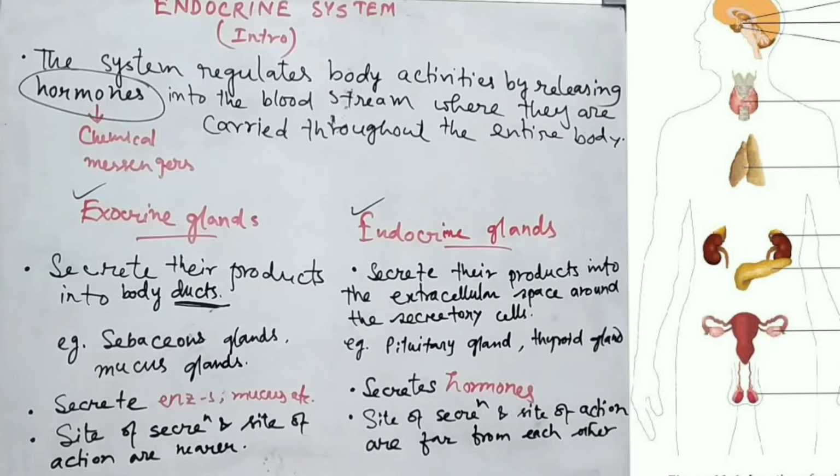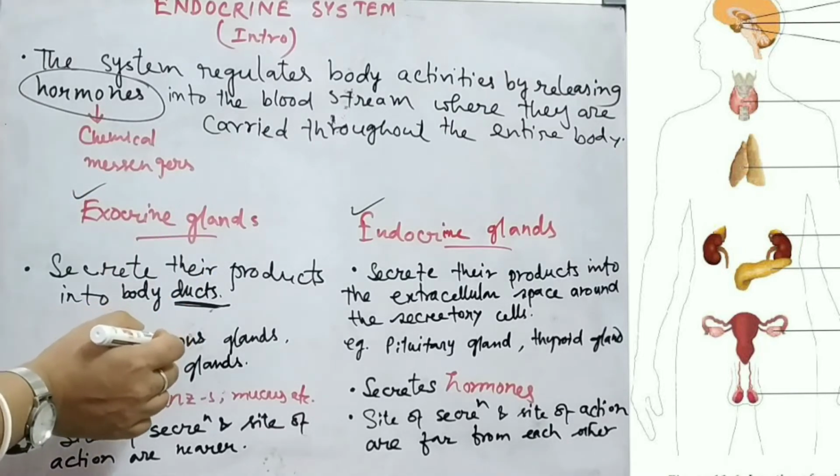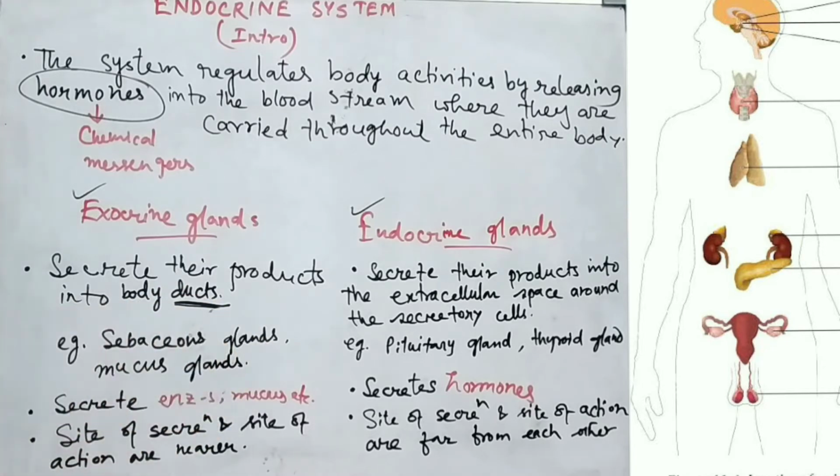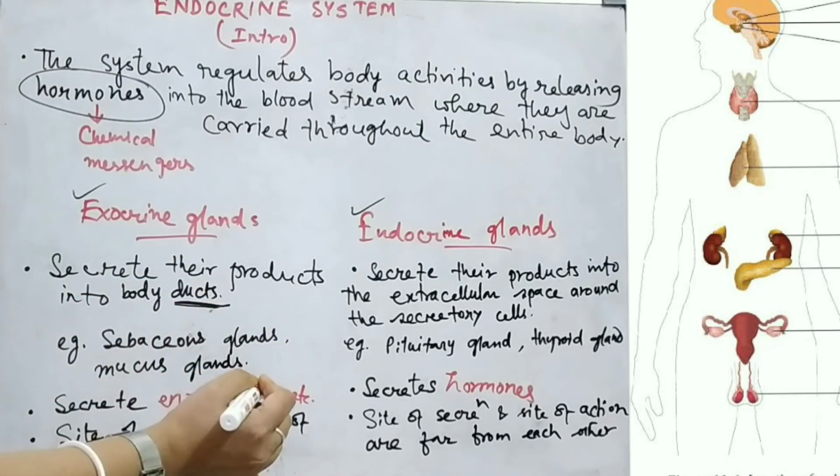There are many examples of exocrine glands, such as sebaceous glands and mucous glands. Sebaceous glands, also known as oil glands, release oils, and different types of digestive glands are also included in the exocrine glands.